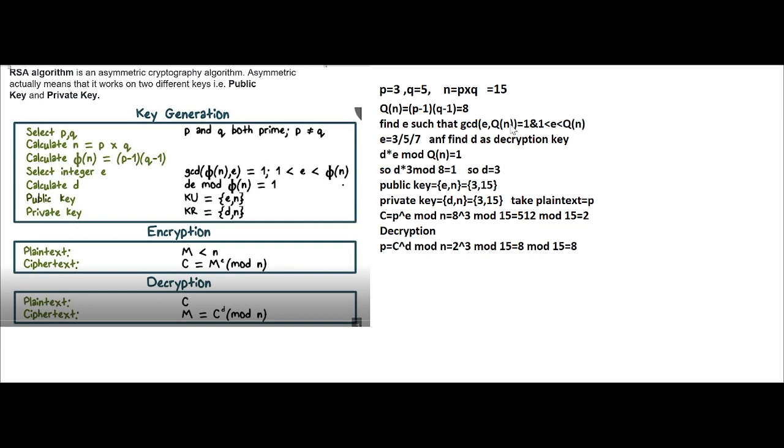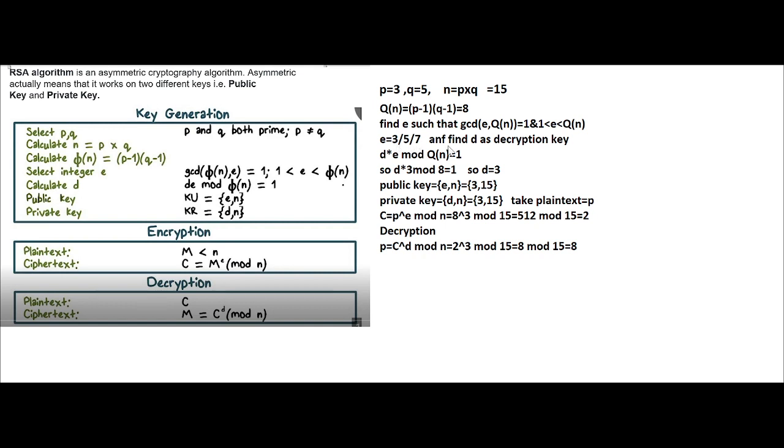If I take mod with 8 comma 3, 8 comma 5, all give 1, and E should be less than 8. So the criteria is fulfilled, so E can be either 3 or 5 or 7.